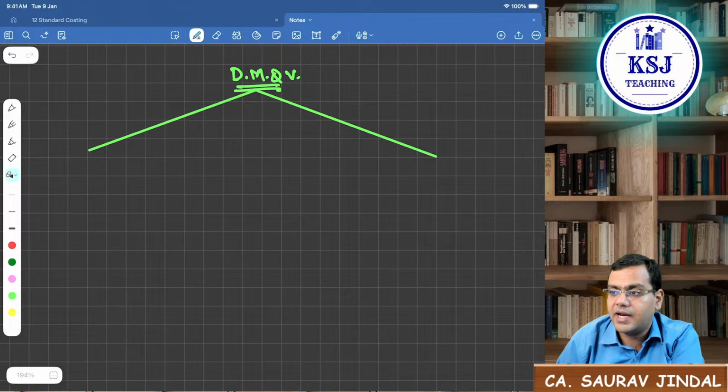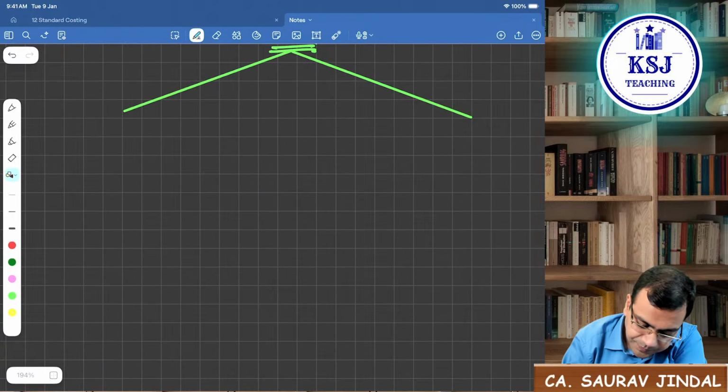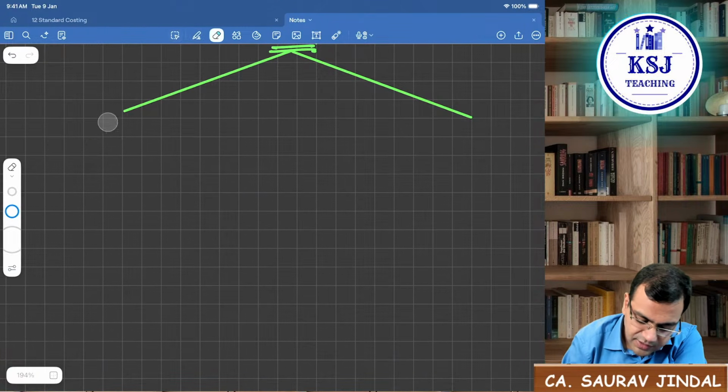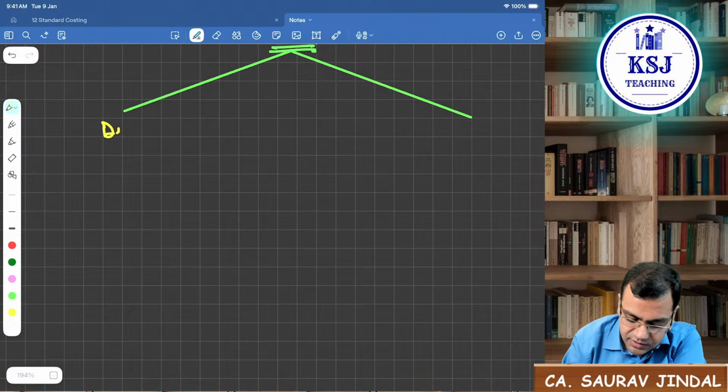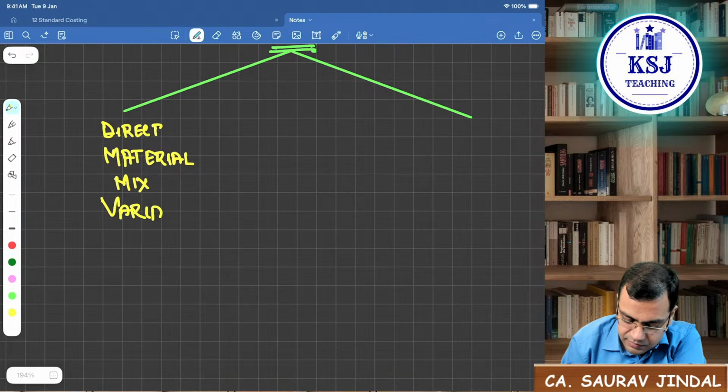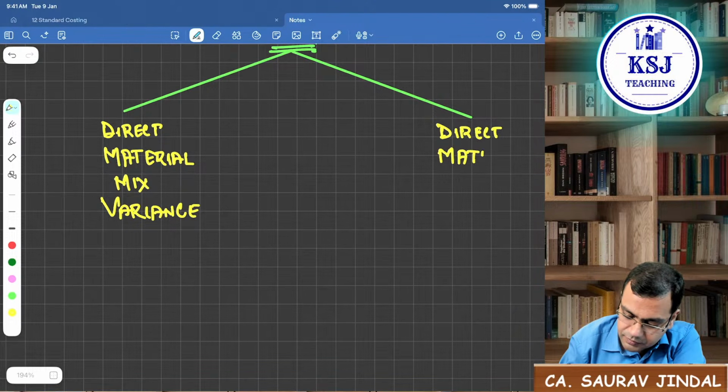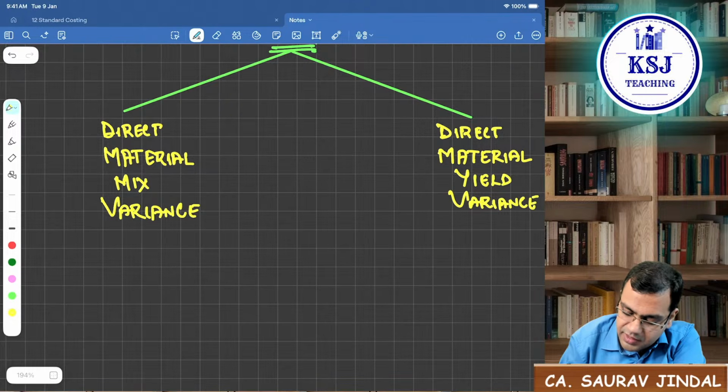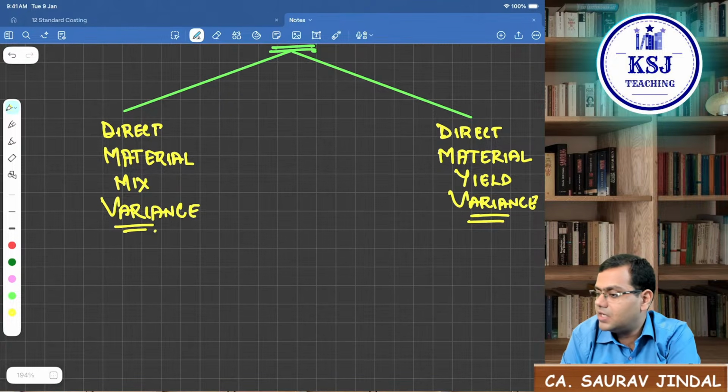One is called direct material mix variance. And the other one is called direct material yield variance. Right? Direct material mix variance and direct material yield variance.